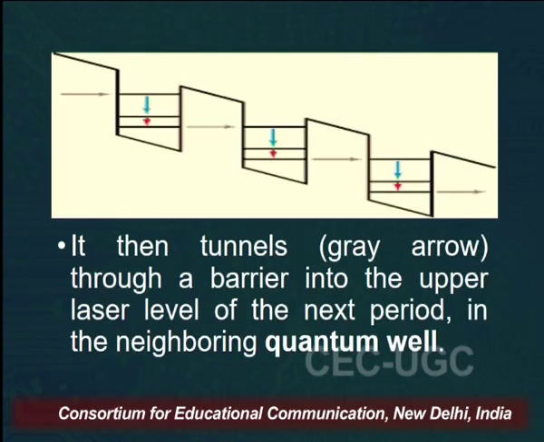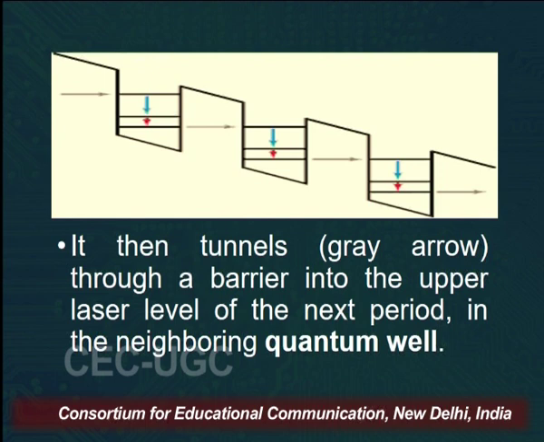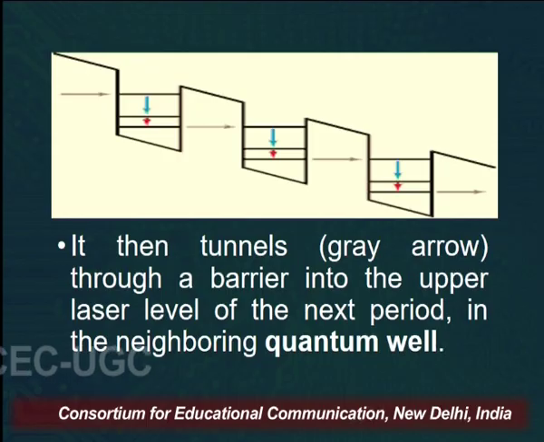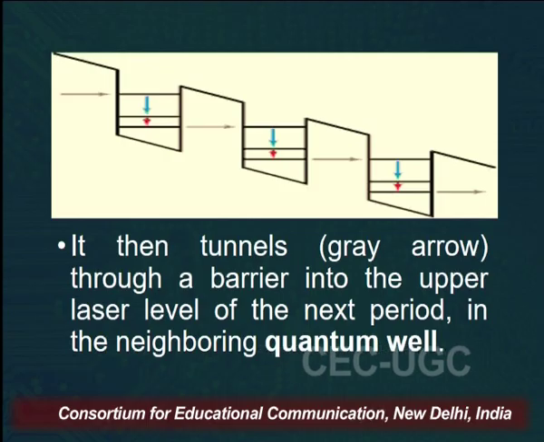Now, the third one, you can see it is very clear: the electron then tunnels through a barrier into the upper laser level of the next period, defined by the gray arrow. You can see there is an arrow between the two wells.